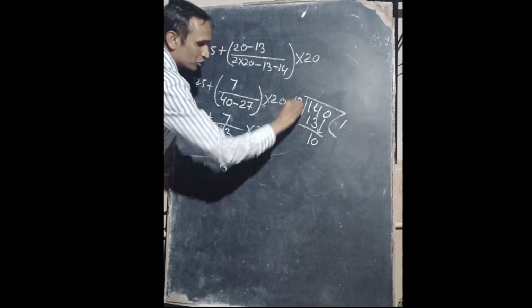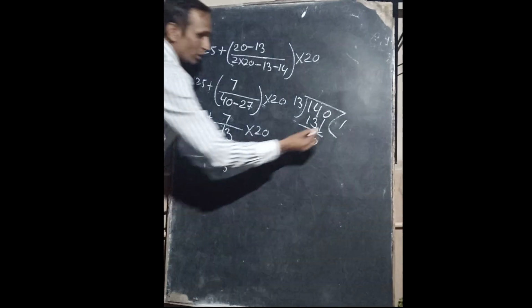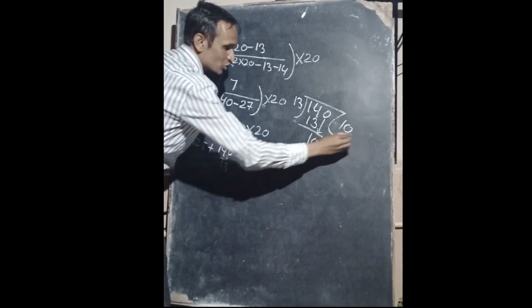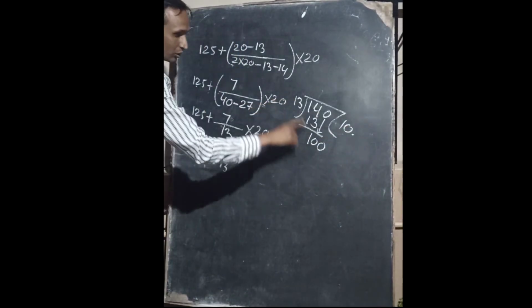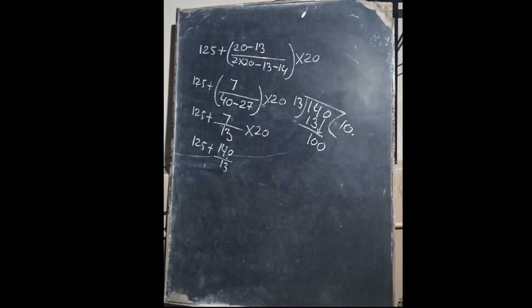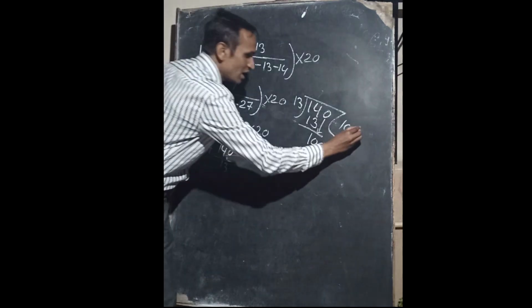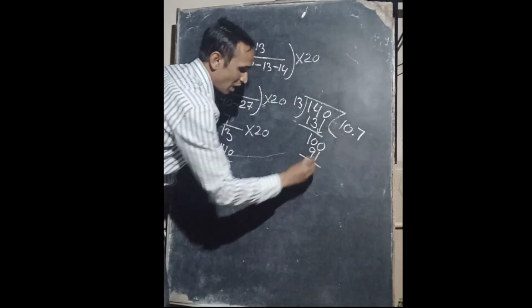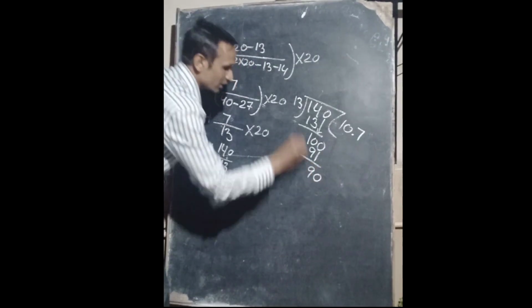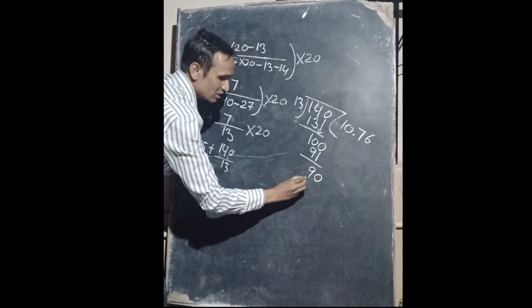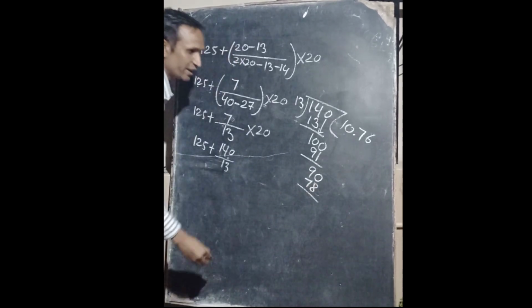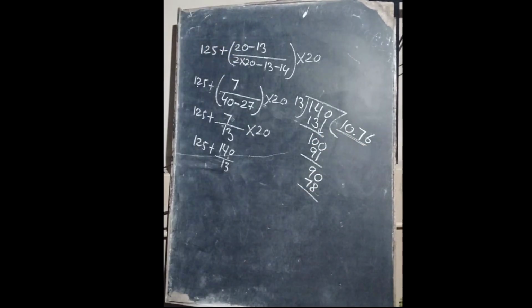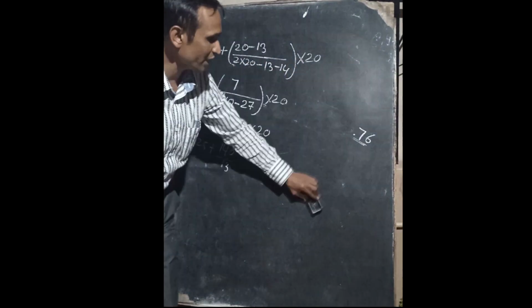Take down the 0, 13 not going, so put 0, then put the decimal point. 10, 13 6 are 78? Actually 13 7 are 91, remaining 9. Put 0, 13 6 are 78, how much remaining? Up to 2 digits is enough. So 10.76.